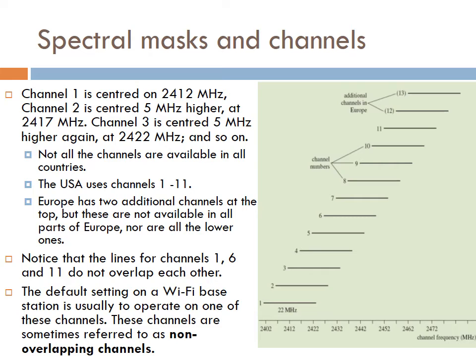So if the spacing between the channel frequencies is 5 megahertz and the channel bandwidth is 22 megahertz, this means that adjacent channels have overlapping parts between each other.